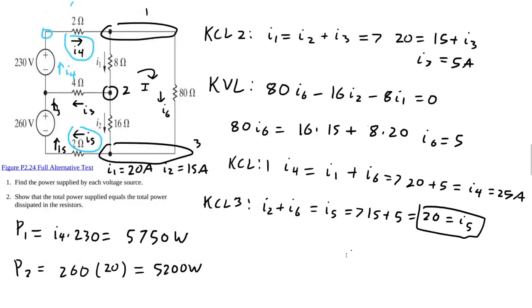Okay, so we got the first step of the problem completed. We had found the power supplied by each voltage source. Now we're going to make sure that the circuit is consistent. So we have all these currents, and we're going to add up all those powers. I think you know the drill in terms of how to calculate this, but in case you need a refresher, since we already have currents, we're just going to do I squared times R to find the power dissipated by each resistor.